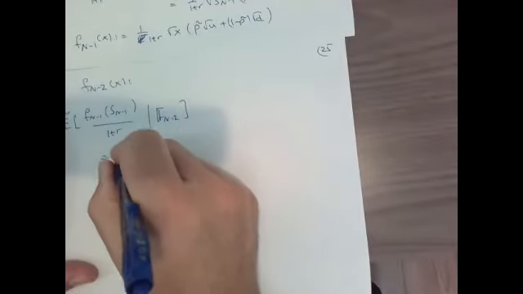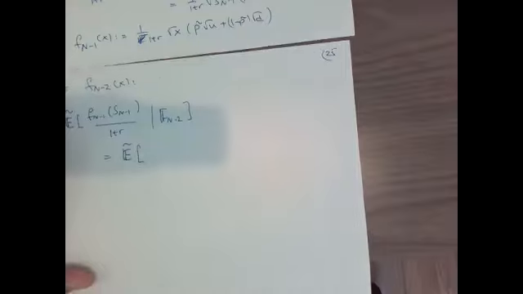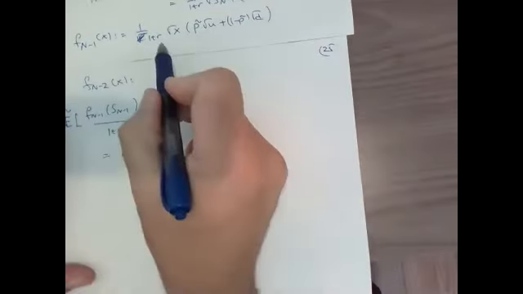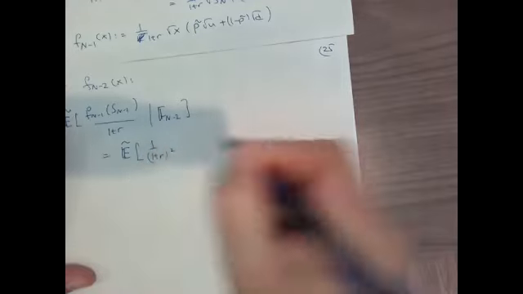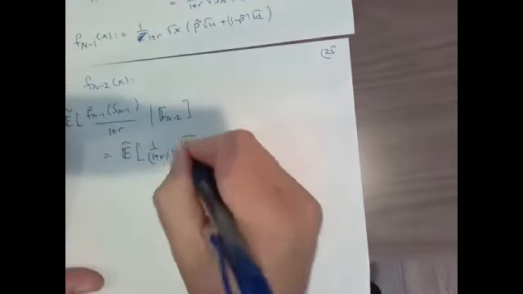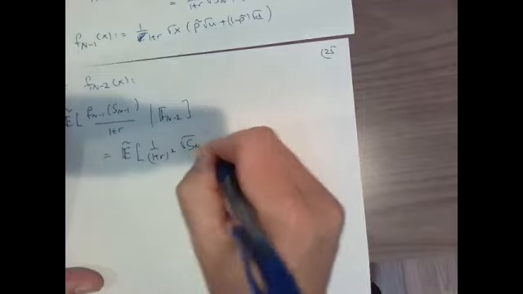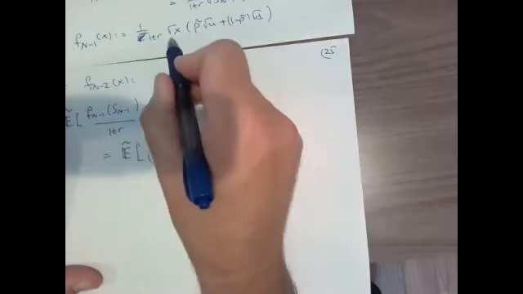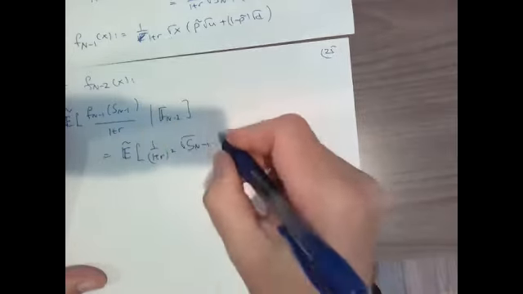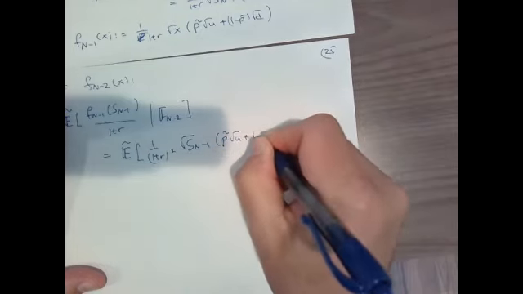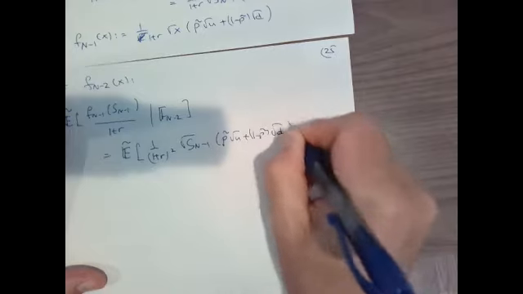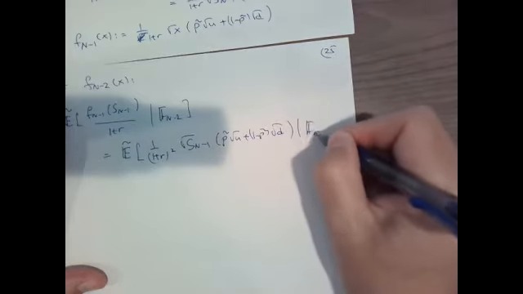How to work it out? This long function has to go in there. You're going to get 1 over 1 plus r squared, a square root of Sn minus 1, and another constant, p tilde square root u plus 1 minus p tilde square root d, given Fn minus 2.